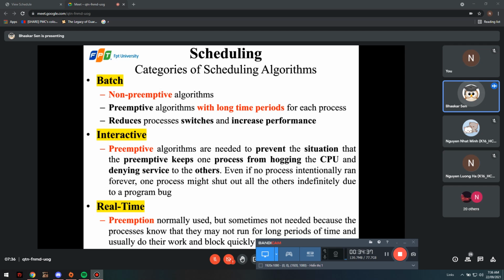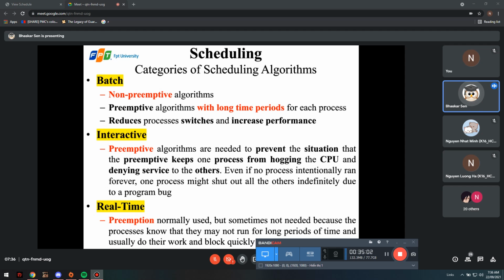So we must give them a long time interval, right? And for interactive, with long periods of each process, definitely preemptive. Real time, definitely preemptive.